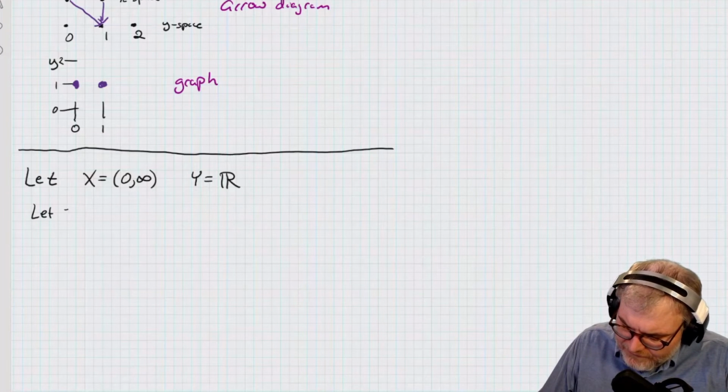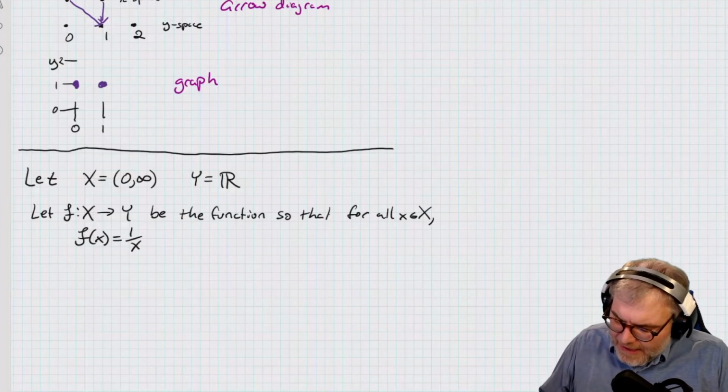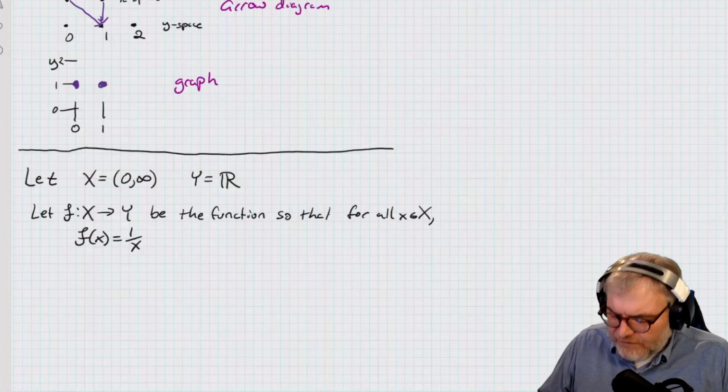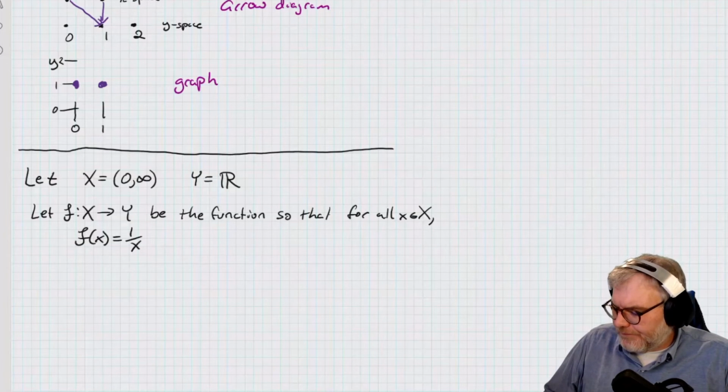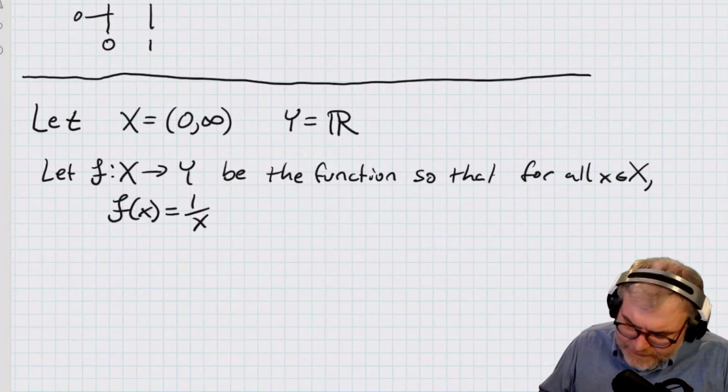Let f from x to y be the function so that for all x, f of x equals 1 over x. Okay? This is the big example that we want to deal with.